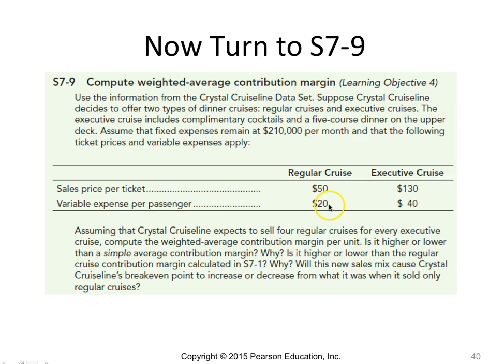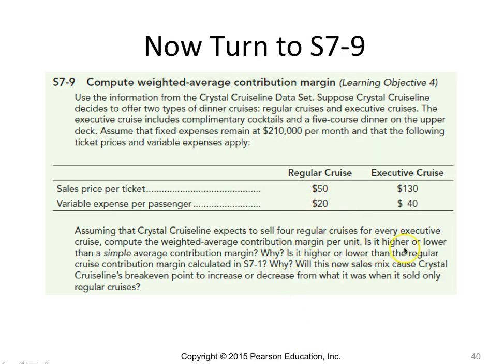So for dinner, it's $20 for the regular and $40. So they eat better. Probably they eat lobsters or something. So it's more expensive for the executive, and maybe some alcohol, wine or something. And then we can use these to calculate what we're looking for.